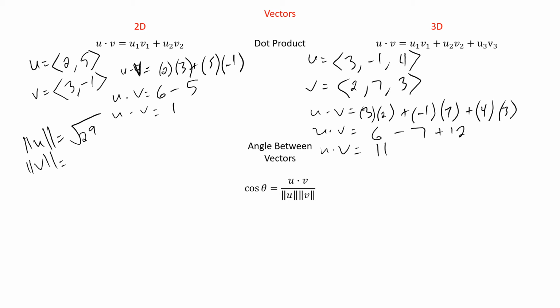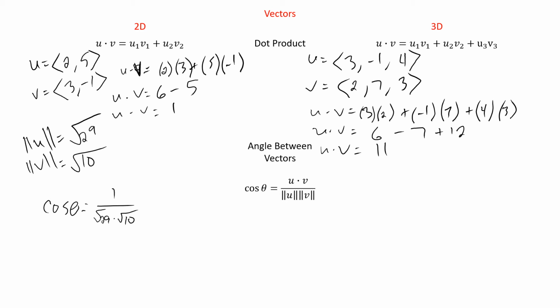Magnitude of v will equal the square root of 3 squared plus 1 squared, which is 10. And so here, the cosine of our angle in between them is going to be u dot v, which is 1 over root 29 times root 10.